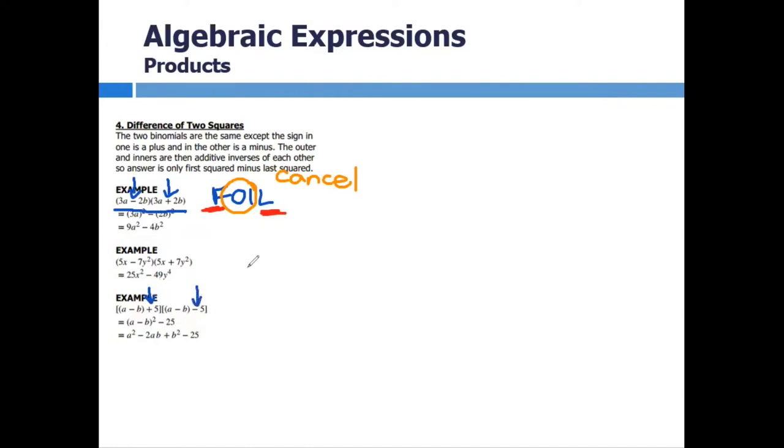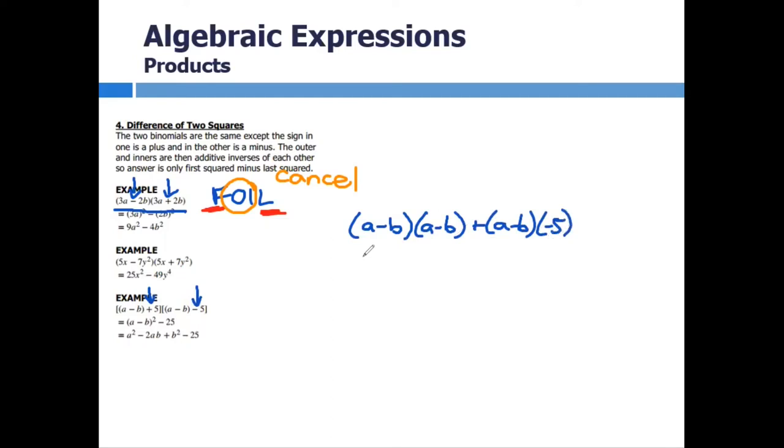Okay, so if we didn't notice that there was this special situation, we would have had to multiply everything out and it would have been messy. Not wrong, it just would have taken a long time. So for example, we would have had the a minus b and we would have had to times that by a minus b. Then we would have had the a minus b and we would have had to times that by the -5.